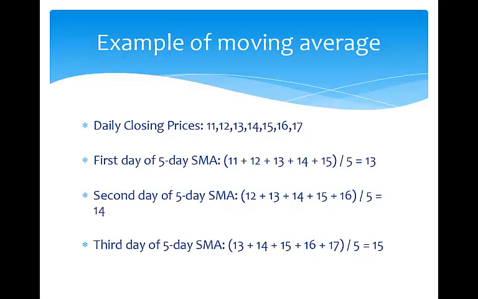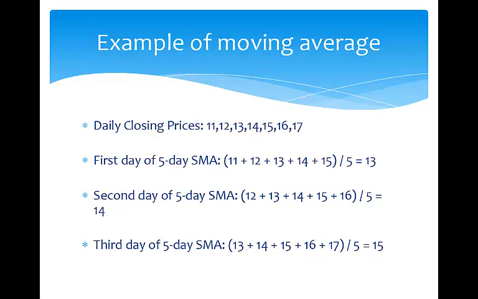This slide is an example of how a simple moving average is used to calculate the average price of a security over a specific number of periods. The first day of the moving average simply covers the last 5 days.